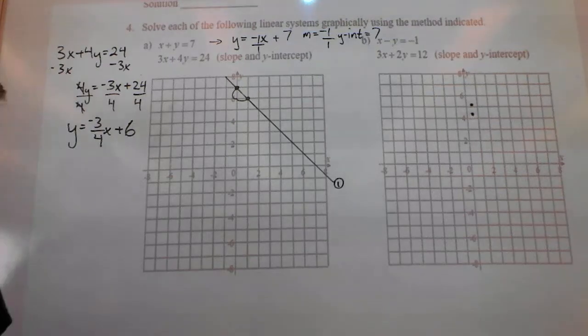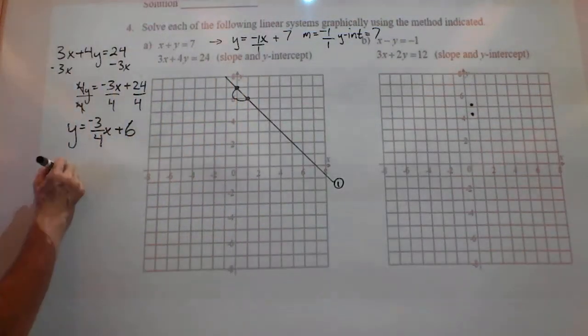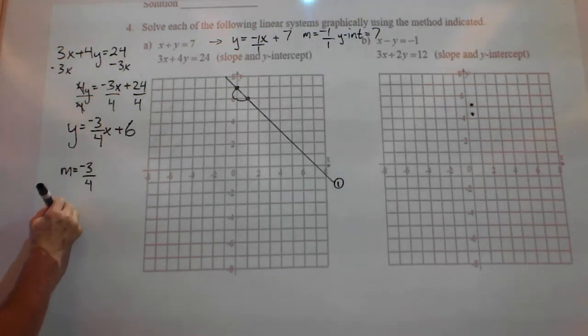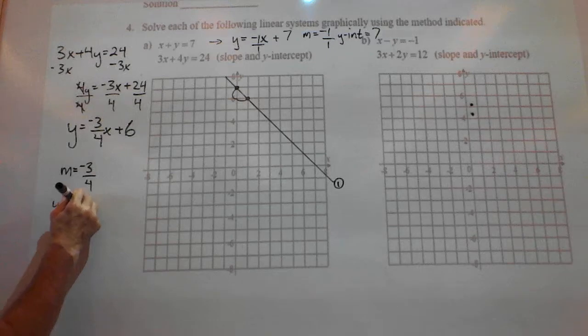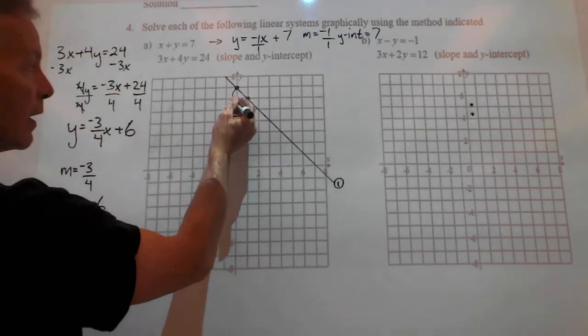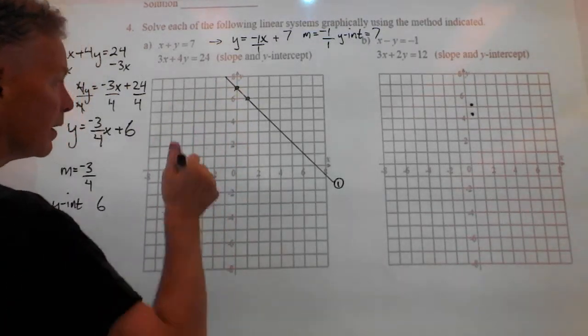Okay? For line 2, the slope is negative 3 over 4, and the y-intercept is at 6. Okay? So again, plot your y-intercept. It's at 6.